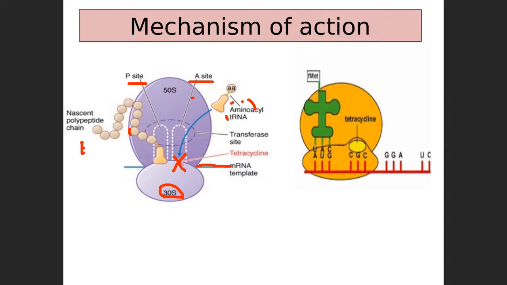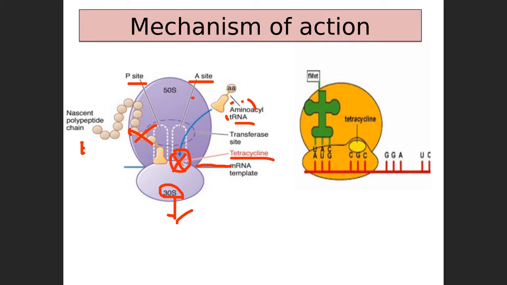You can see here tetracycline will come and block the A site and it will not allow the tRNA to bind to the A site, which is situated on the 30S ribosome. Once this site is blocked, this complete step will be blocked and there will be no synthesis of protein.